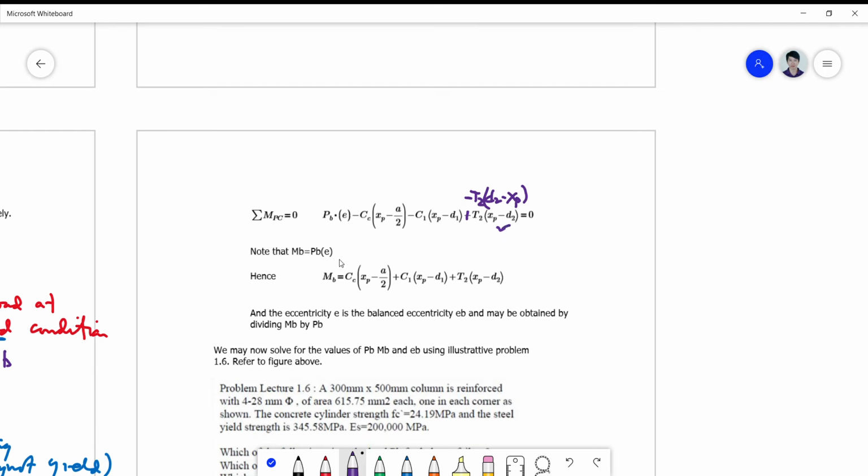So note that MB is equal to PB times E. And hence MB is equal to CC times XP minus A over 2, plus C1 times XP minus D1, plus T2 times D2 minus XP.